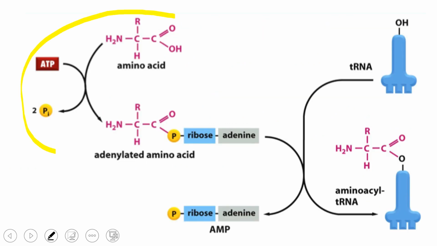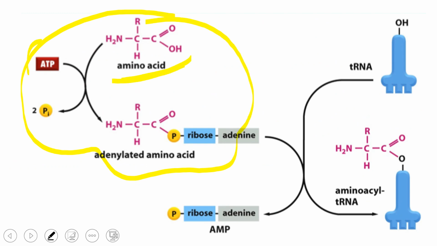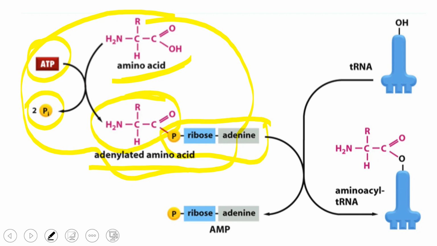This is the first reaction, where amino acid reacts with ATP. ATP gives AMP plus pyrophosphate. The pyrophosphate exits in the form of two phosphates, and AMP combines with the amino acid, and ultimately we get the adenylated amino acid, or aminoacyl AMP. So this is the AMP portion, and this is the amino acid portion.